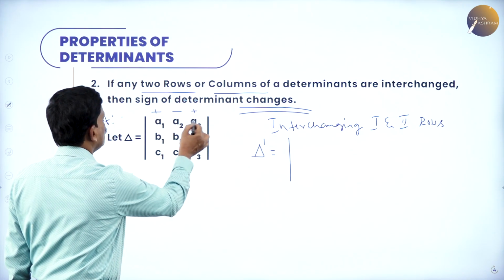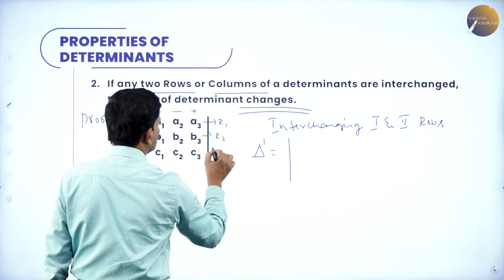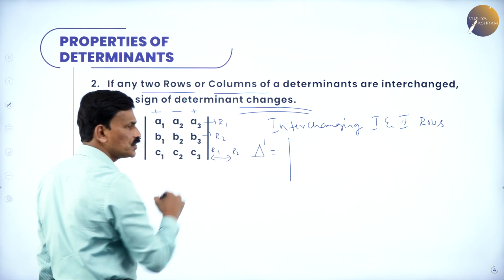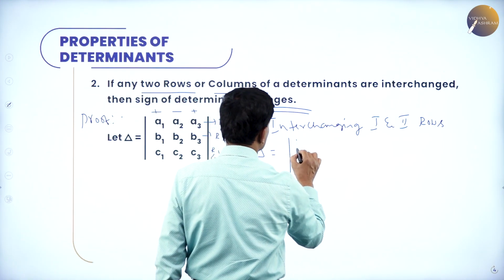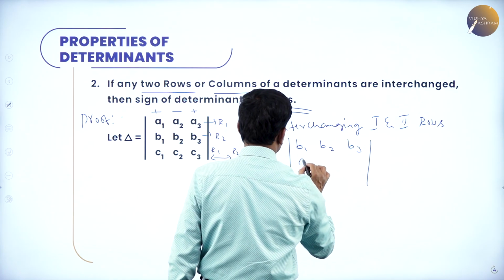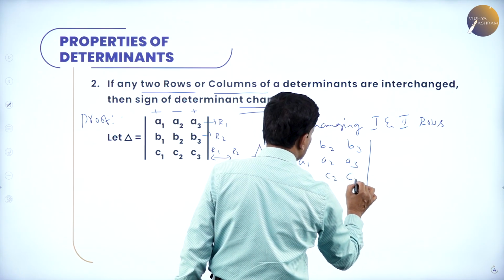Now interchanging the first and second row. The first row is A1, A2, A3. This is row 1. This is row 2. Interchanging row 1 and row 2. R1 and R2 interchange. So R1 becomes R2, R2 becomes R1. Now I will write this as B1, B2, B3 and A1, A2, A3. This is C1, C2, C3 as it is.